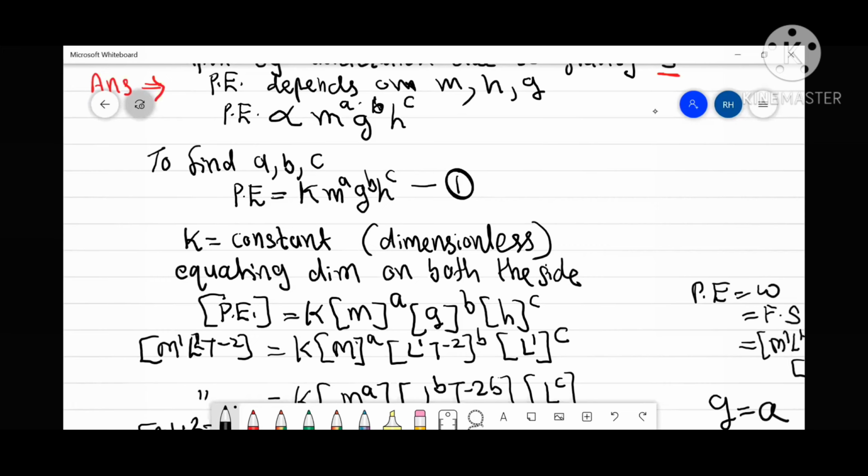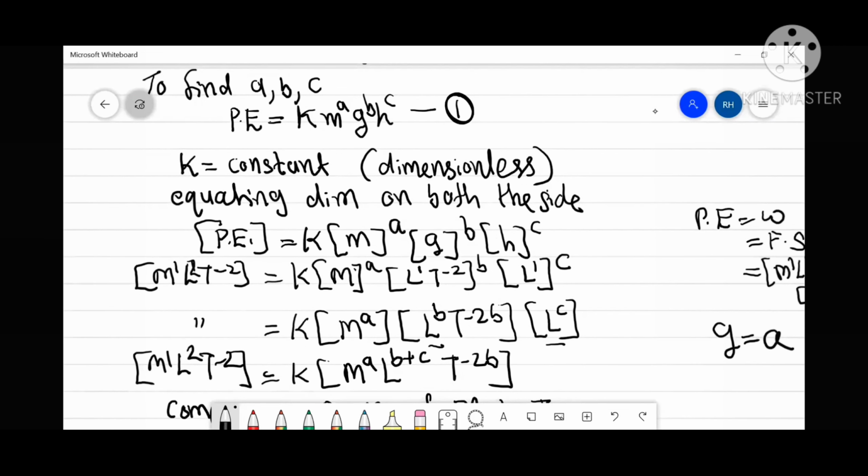Next step is the dimension of the mass m. Next is the dimension of the g. g is the acceleration due to gravity. Here the acceleration dimension is L raised to 1, T raised to minus 2, raised to b. And the height is a distance, that is L raised to 1 only, raised to c. After that, multiply by this power inside of it.